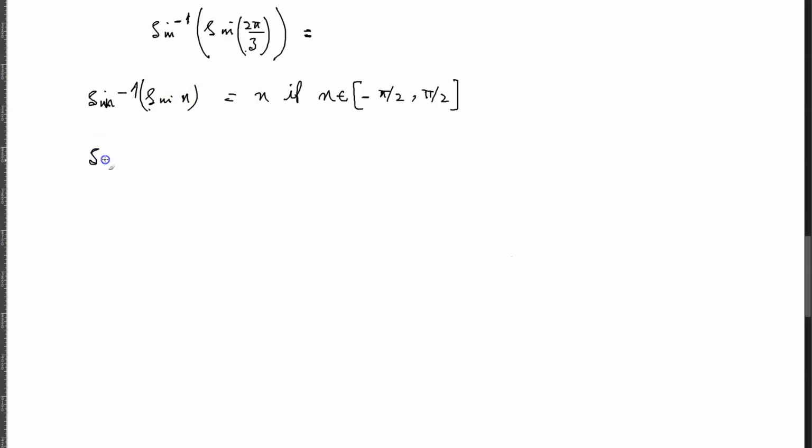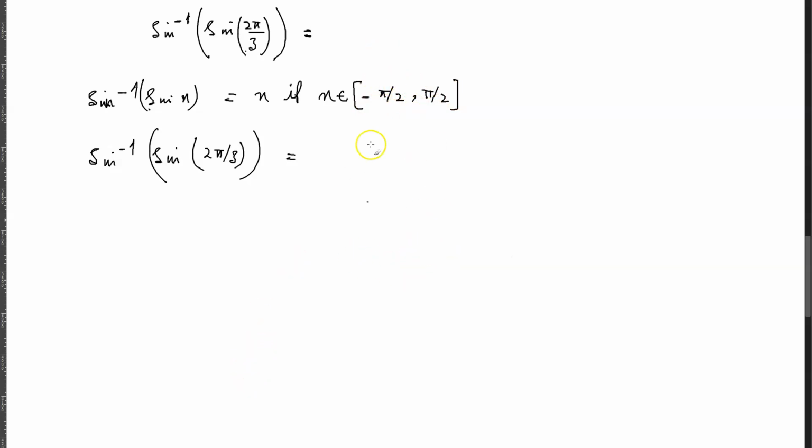Now, the sine inverse of sine of 2 pi by 3 is equal to, basically, now I have to write the sine of 2 pi by 3 in such a way that it gives me some angle that has the same sine value, but in this domain, meaning in negative pi by 2 to pi by 2, right?